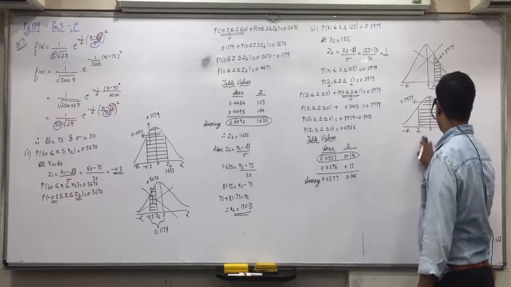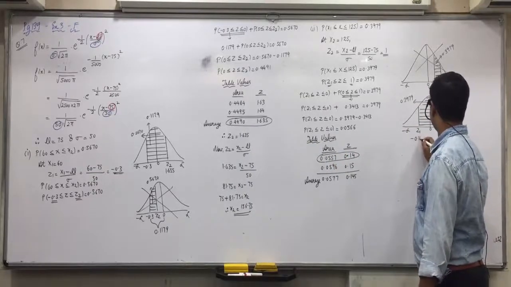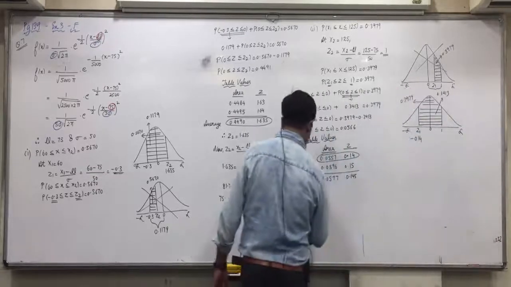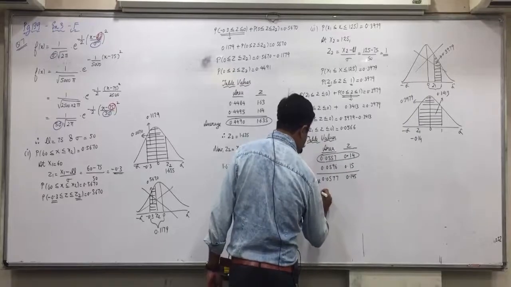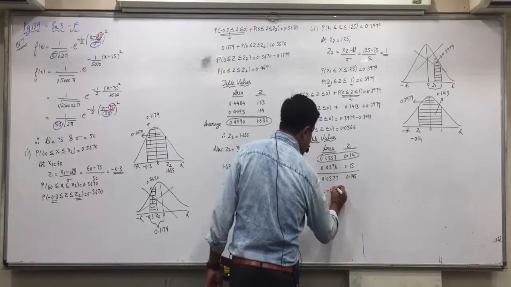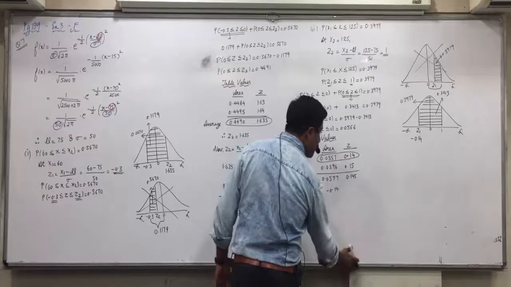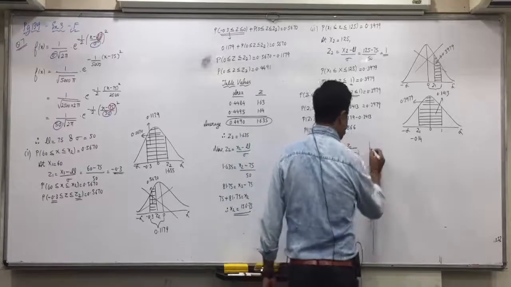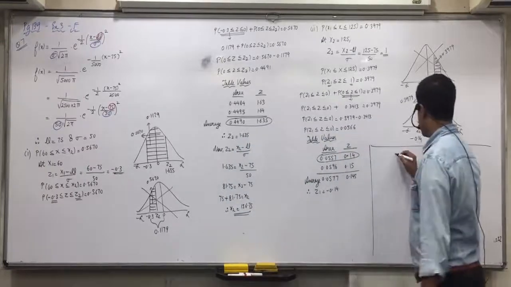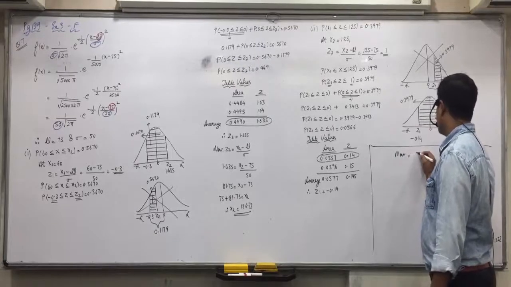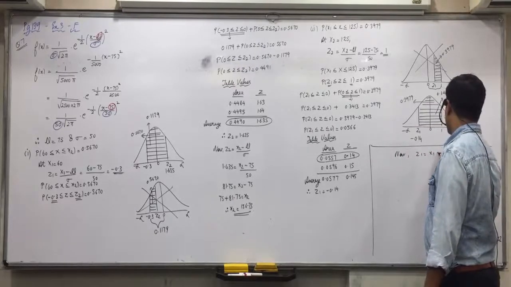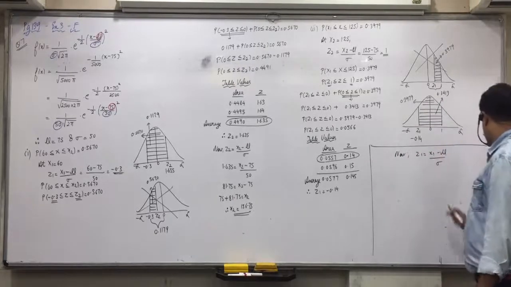Left side means it's negative. So z1 is minus 0.14. Now z1 is equal to (x1 minus mu) upon sigma.